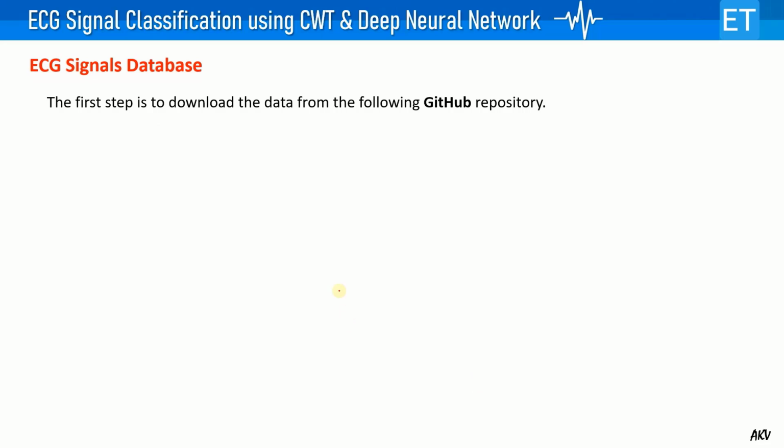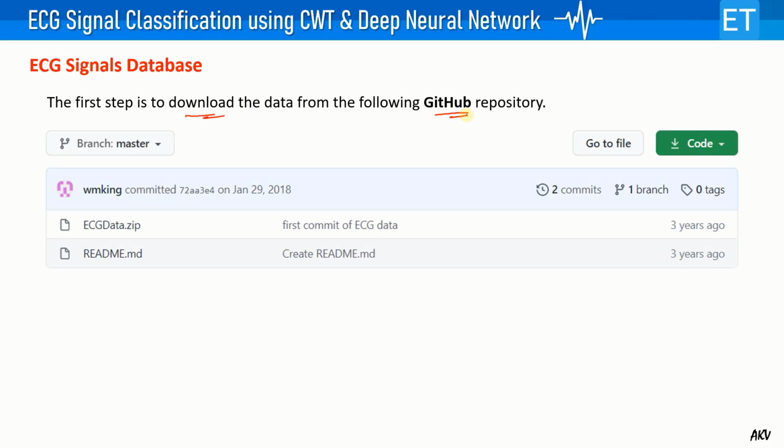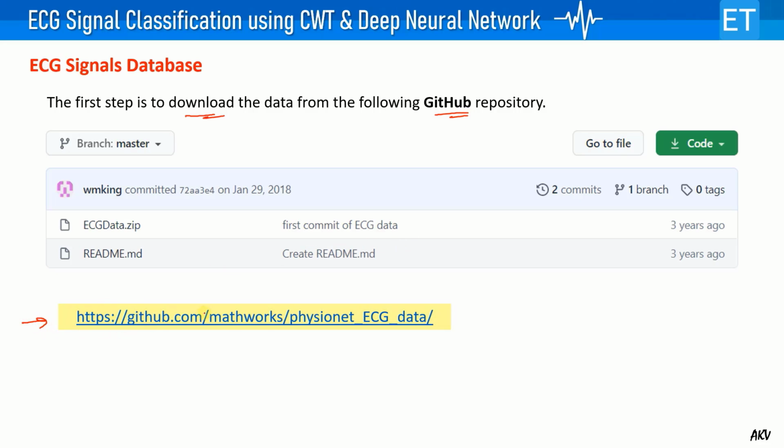So the first step obviously is to download this data from the following GitHub repository. This is the GitHub repository and this is its address. This is also given in the description, so you can directly jump to this web page from where you can download this data. First you go to the green button where Code is written.